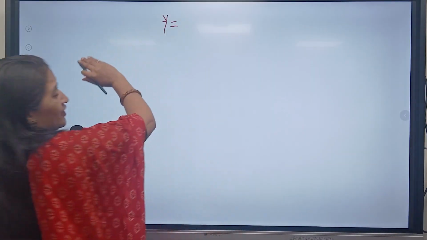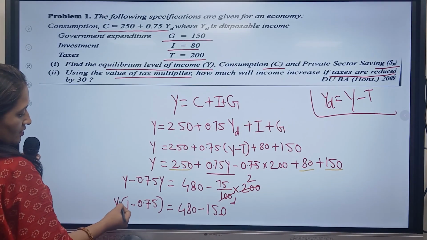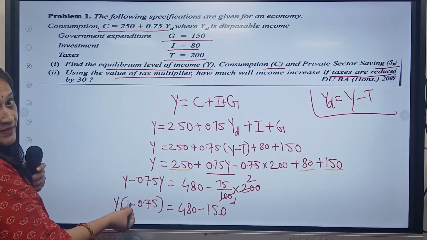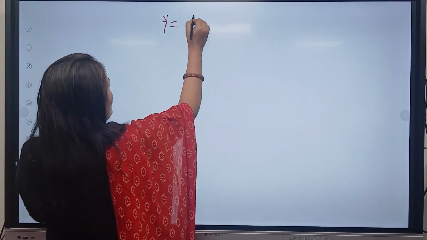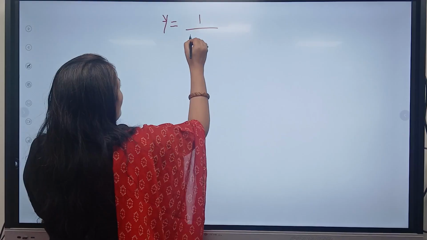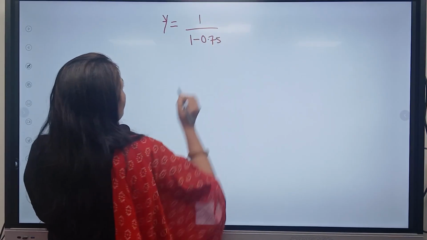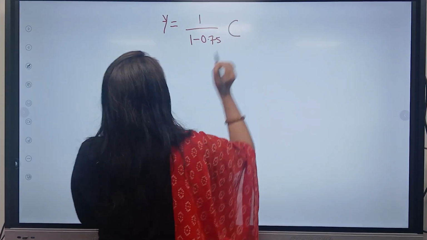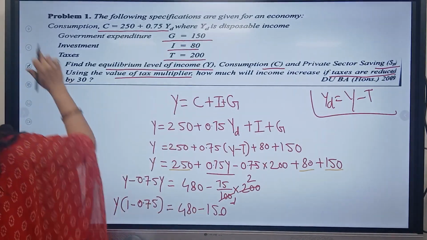You can see here it was in multiplication, Y into 1 minus 0.75. So when it goes to the right hand side, it becomes division. So this will be 1 upon 1 minus 0.75 into 480 minus 150.